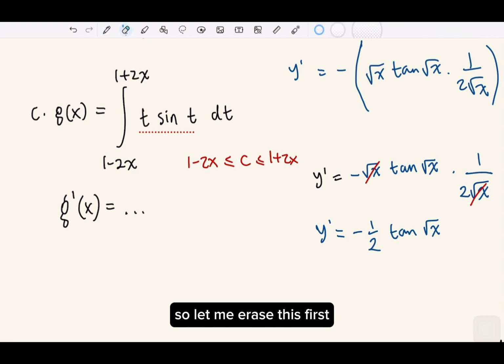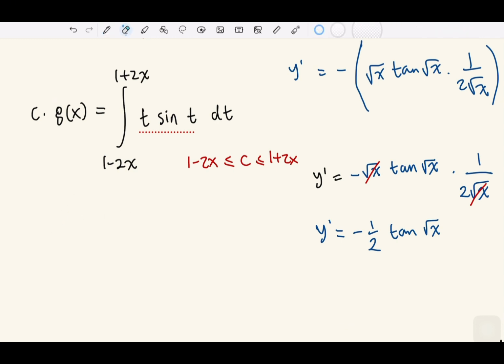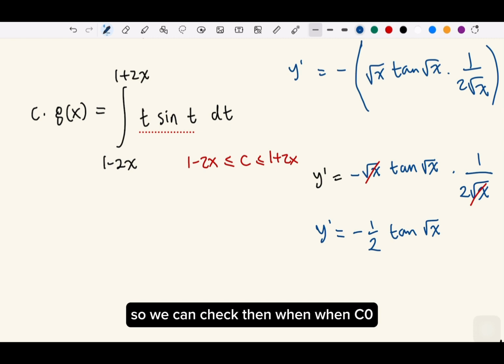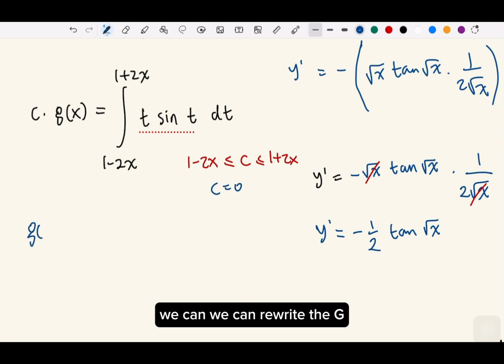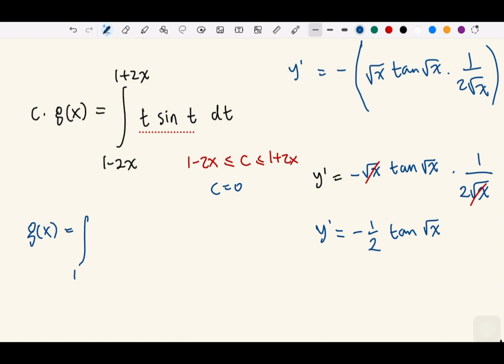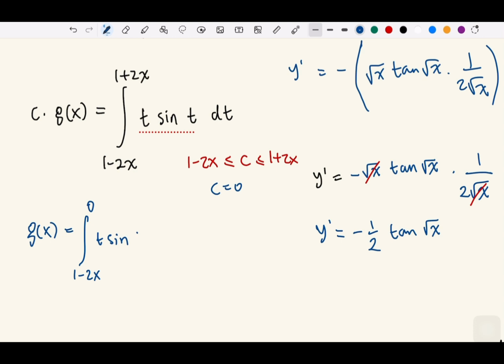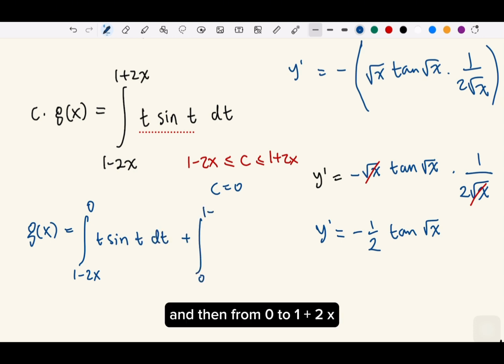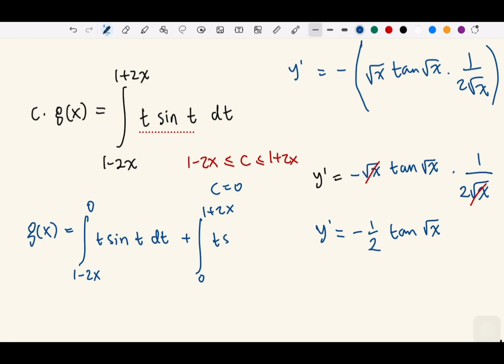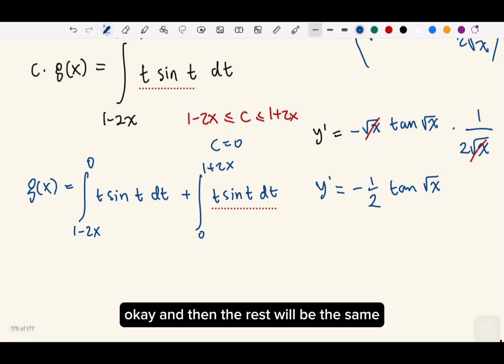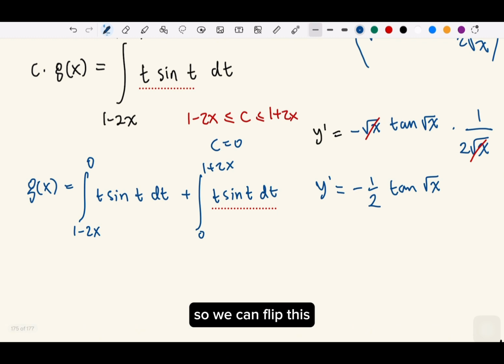So let me erase this first. So we can check then when c is 0, we can rewrite the g from 1 minus 2x up until 0, and then from 0 to 1 plus 2x. And then the rest will be the same. So we can flip this.